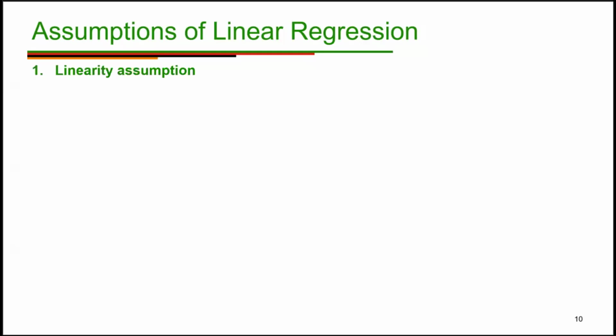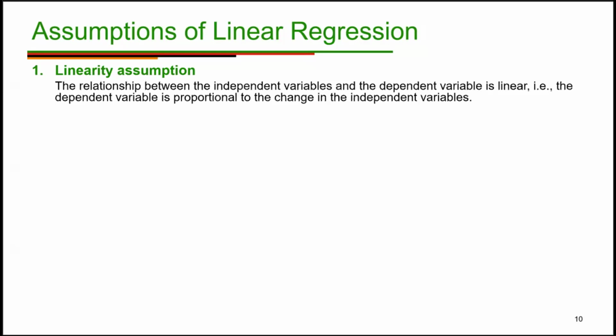So the linearity assumption is of course the first assumption, because you're going to do a linear regression, there has to be a linear relationship between X and Y. This is important, and you can use correlation to see whether a linear relationship actually exists between your two variables.